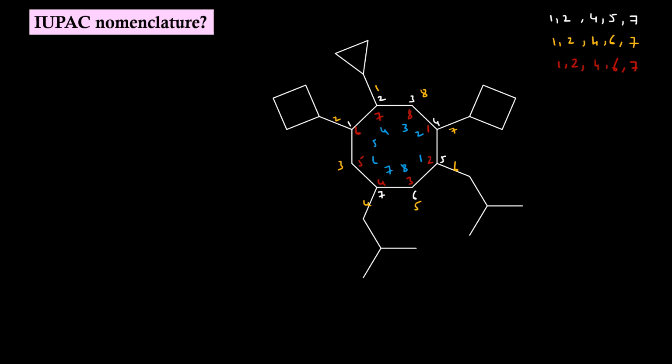Our locant set will be 1, 2, 4, 5 and 7. If I try to number from this end, then 1, 2, 3, 4, 5, 6, 7, 8. So my locant set will be 1, 3, 4, 6 and 7.